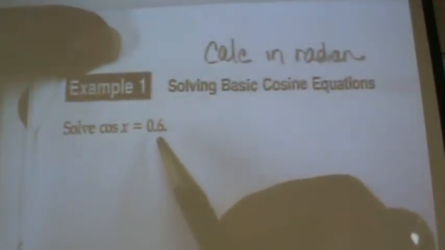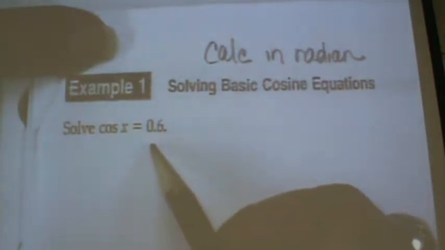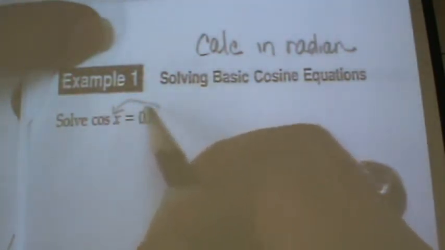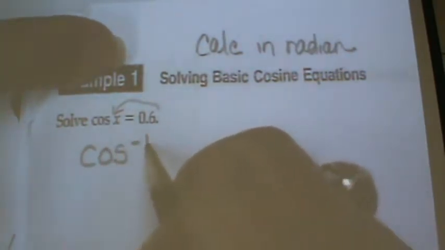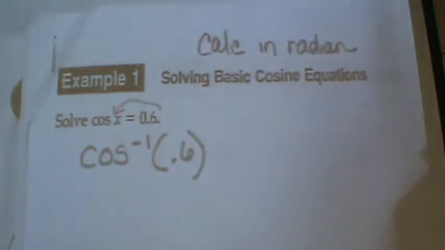Now, you wanna find the angle whose cosine ratio is 0.6. Now, you could turn this into a fraction, but it's not necessary. So in order to find this angle, this is where you hit this on your calculator. Ties into what you did yesterday. So I need you to hit second cosine 0.6.